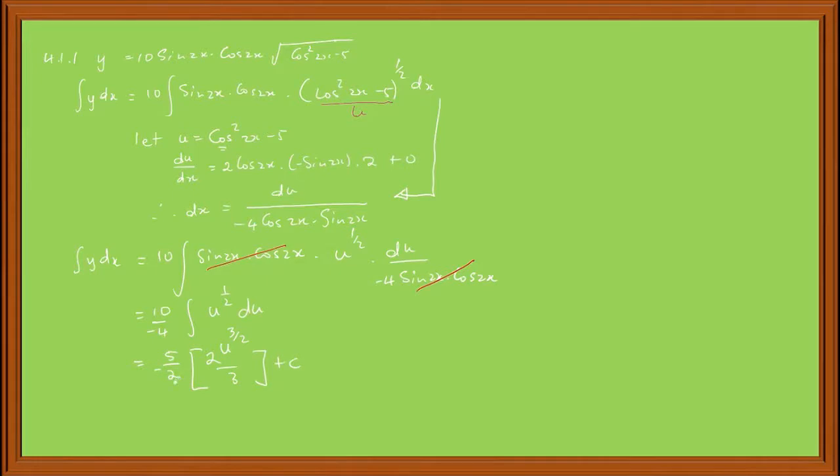The 2 will also cancel that 2, and then we have minus 5 over 3 into u. u is the square root of cos squared 2x minus 5, all cubed, plus c.